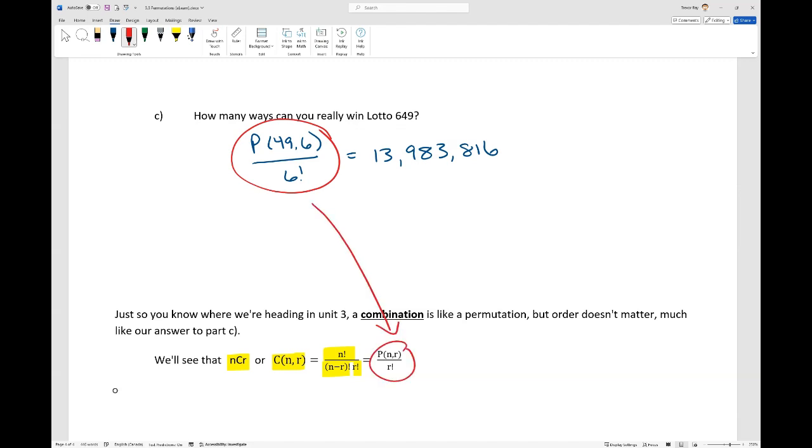So we just essentially did a manual combination. And a manual combination is just saying do a permutation and then divide by the r factorial to unscramble the order so that order doesn't matter. Again, nothing you need to know right now, but something you'll see when it comes to Unit 3 or Unit 4 or whatever unit combinations is.